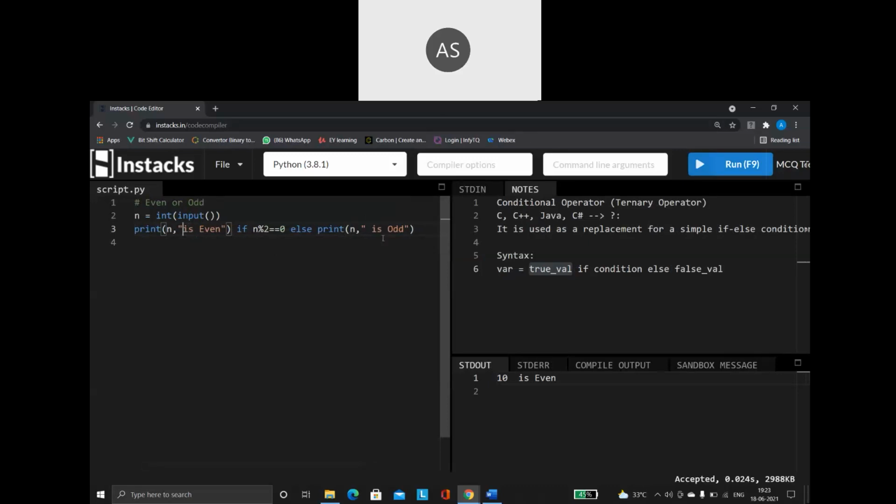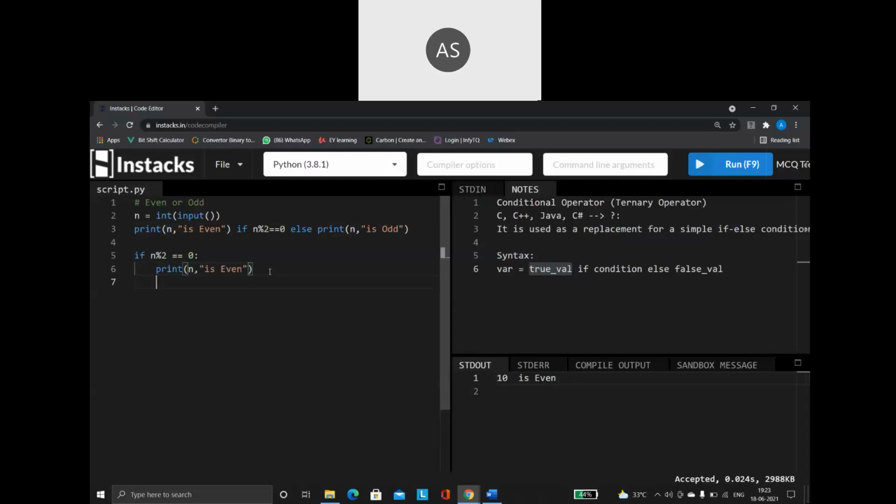So here, this is how I want to do it. I want to mention the number, then say the number is an even number. If this condition is true, I want to say the number is even. If this condition is false, I want to say the number is odd. So how to write that in a simple format? Otherwise, I have to write the if condition: if n modulo 2 is equal to 0, then print whatever I have given here.